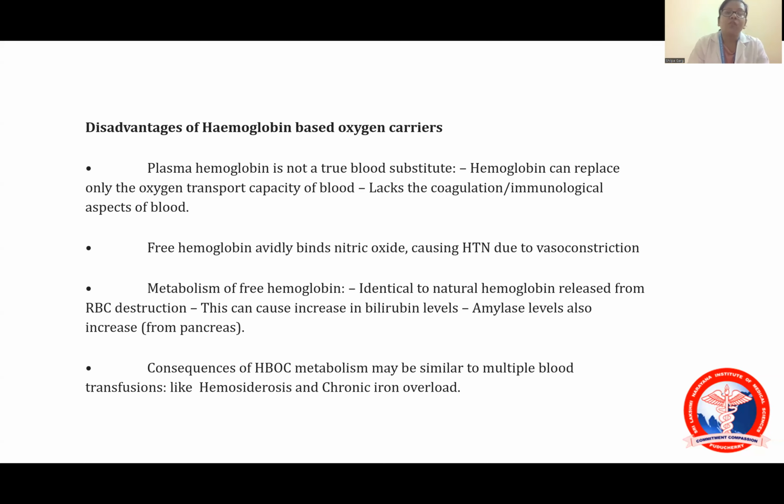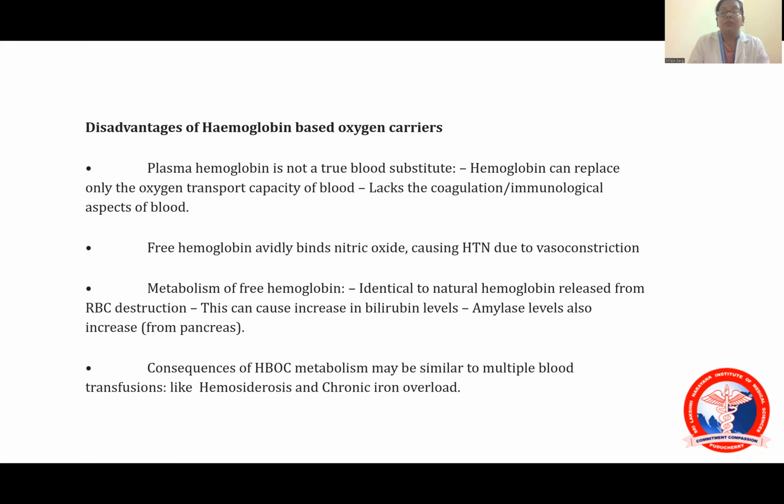Now, what are the disadvantages of these hemoglobin-based O2 carriers? First, plasma hemoglobin is not a true blood substitute. It can replace only the O2 transport capacity, and it totally lacks the coagulation and immunological aspects of blood. Then, free hemoglobin avidly binds nitric oxide, which can cause hypertension due to vasoconstriction.